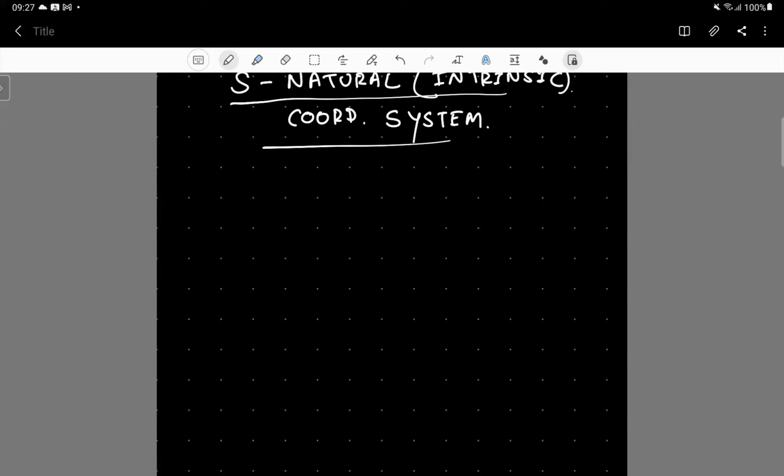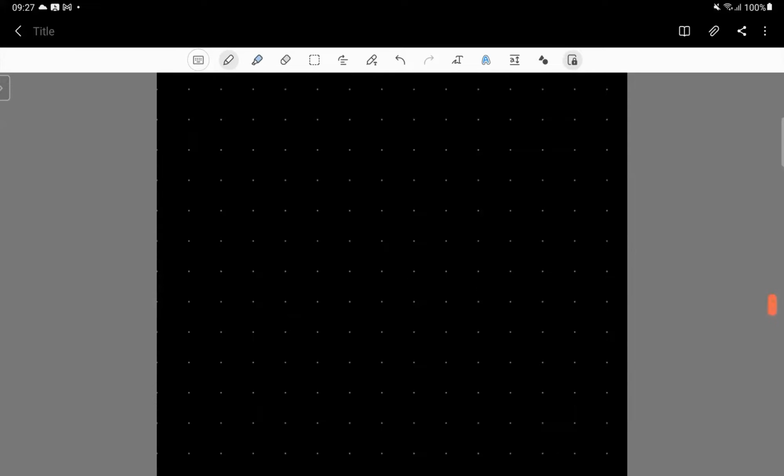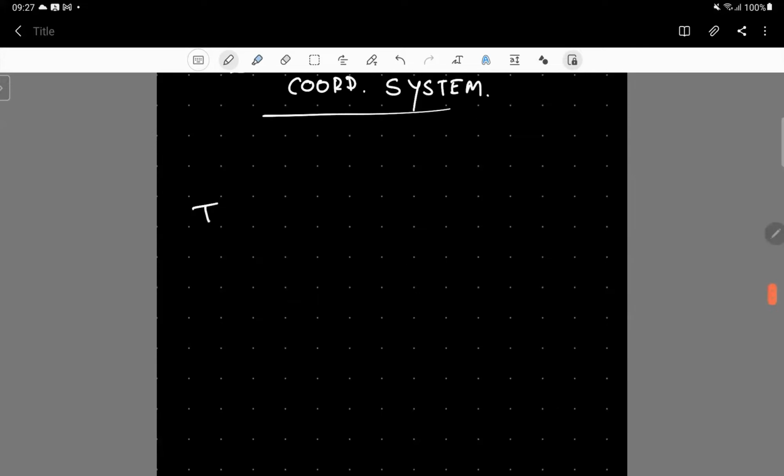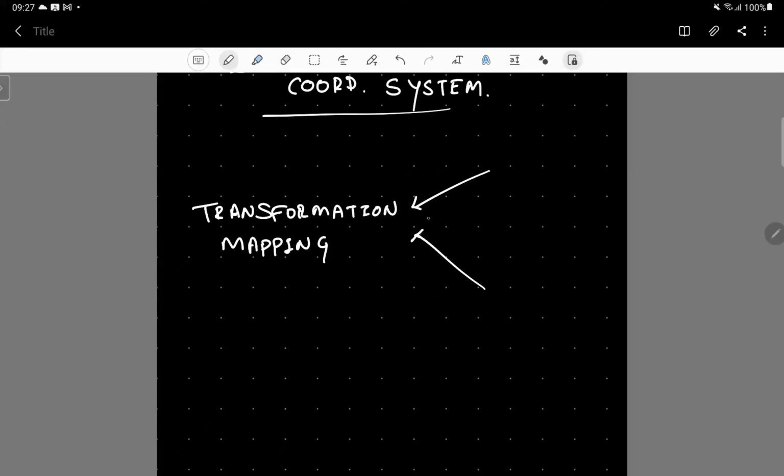As you may have realized now, what we do is a certain mapping, we call it a transformation mapping. So in this method we do a transformation mapping from the global coordinate system to the natural coordinate system.